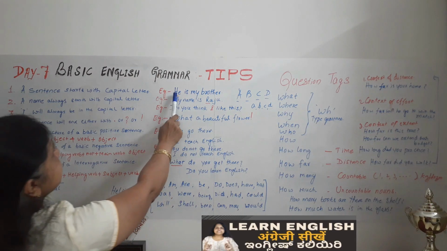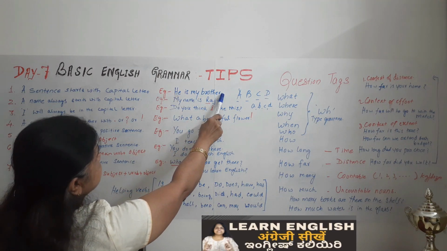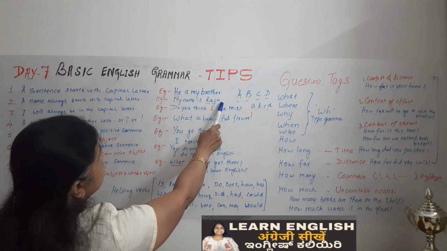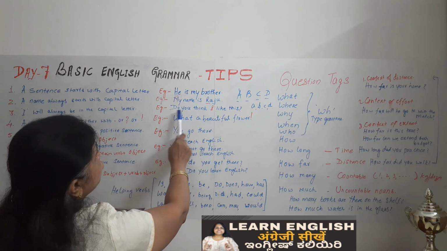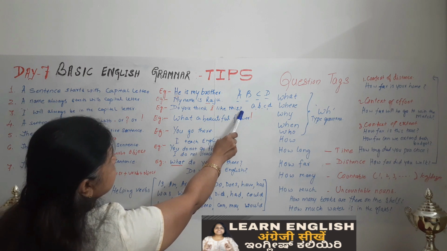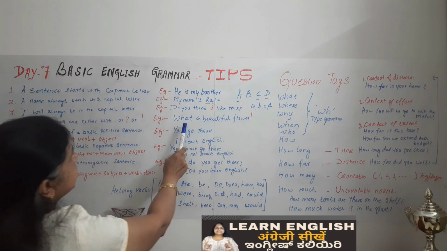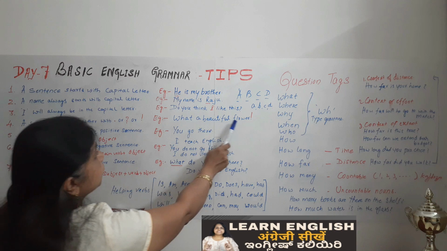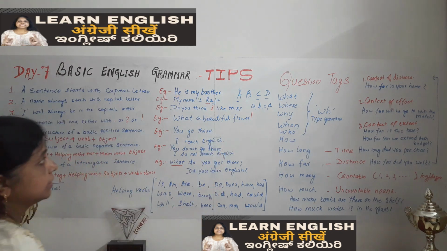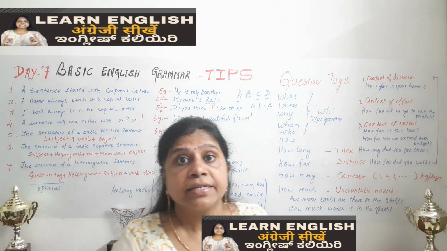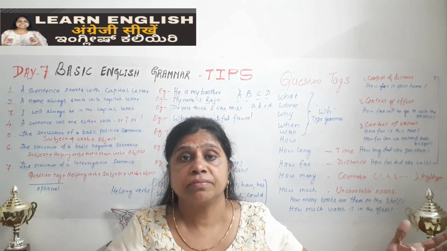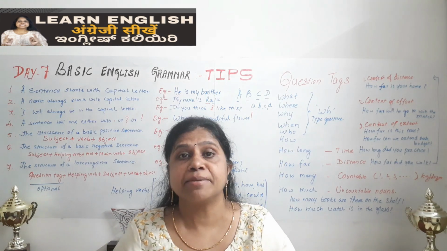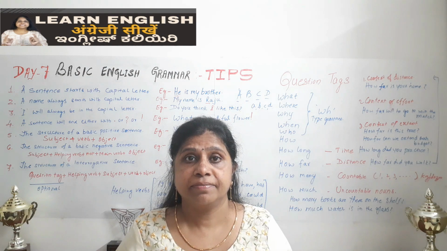Here we have seen, he is my brother, full stop is there. My name is Raju, full stop is there. Do you think I like this? Question mark is there. And exclamation, what a beautiful flower! When we say something with exclamation, we use that symbol, the exclamation symbol.